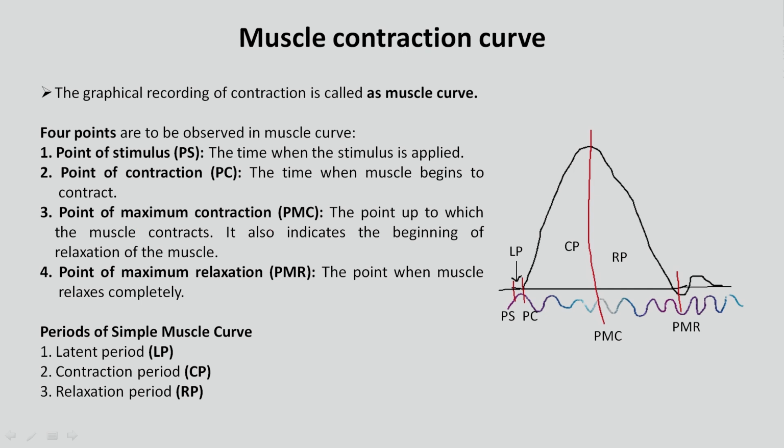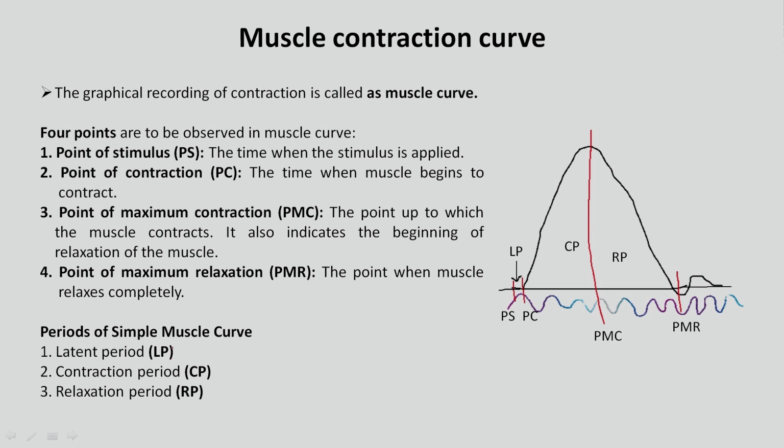Then the point of maximum contraction, meaning the muscle will contract maximally, after that the relaxation process will start. And the last point is the point of maximum relaxation, the point when the muscle will completely relax. So, the 4 points I have depicted here are: point of stimulus, point of contraction, point of maximum contraction, and point of maximum relaxation.